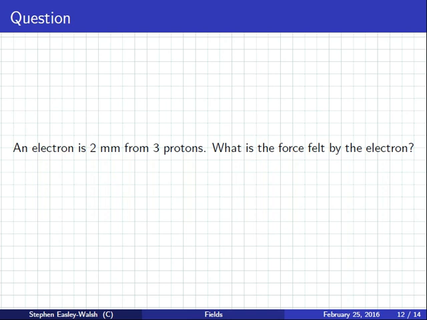Do you know the distance? It's 2 millimeters. Now, in the formula, what is the Q? Is it 3 protons or the 1 electron? No, it's the 3 protons, because that is the thing that is making the field that is pulling in the electron.